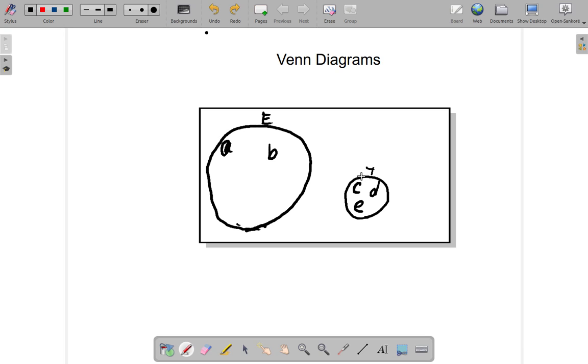You notice that all of those who own the textbook are also in the set studying English. So let's take this and put it within the English. So this is the T set. They own the textbook, C, D, E. So let's get rid of this from here, and we use this circle and put the owners of the textbook within English, because they are also in the English class.